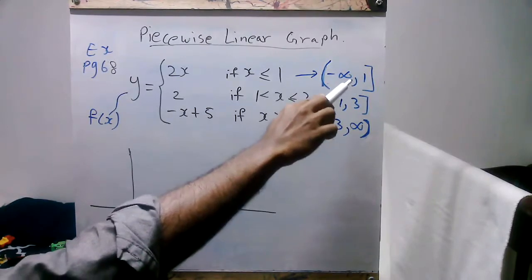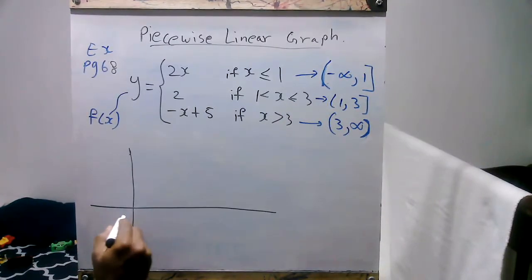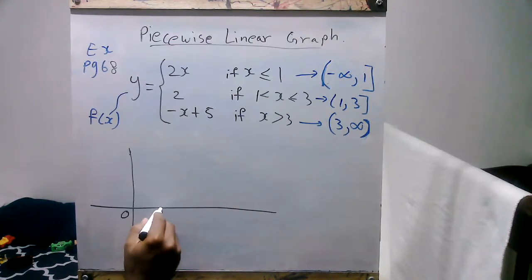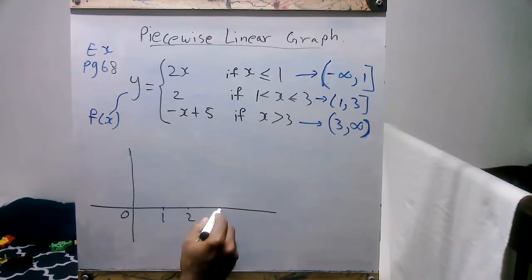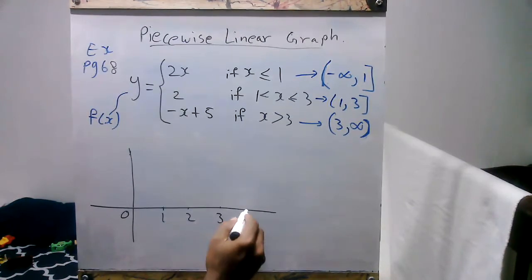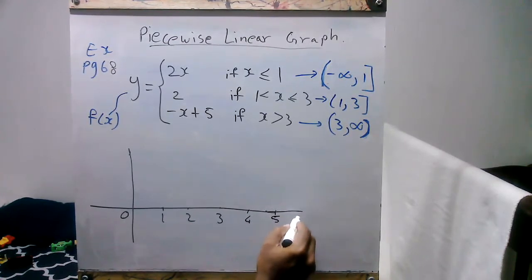So we have to mark 1, 3. 0, say 1 here, 2, 3, we don't need other numbers, 4, 5, 6, we have them here.